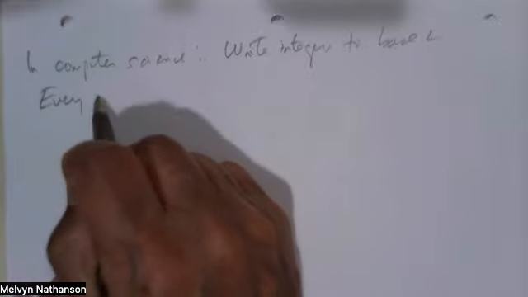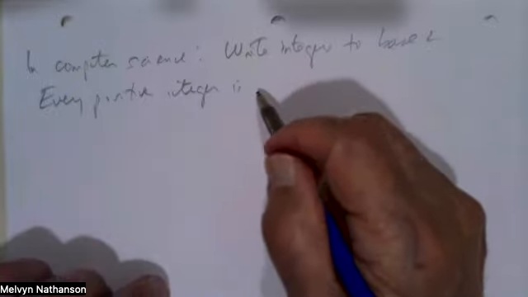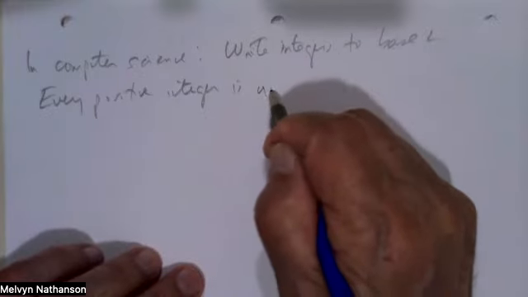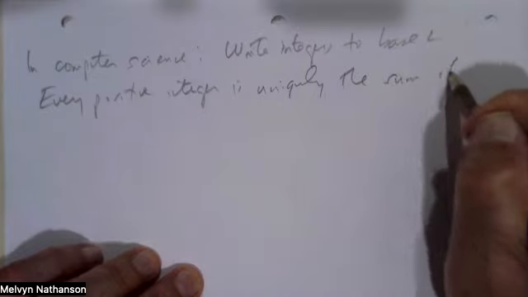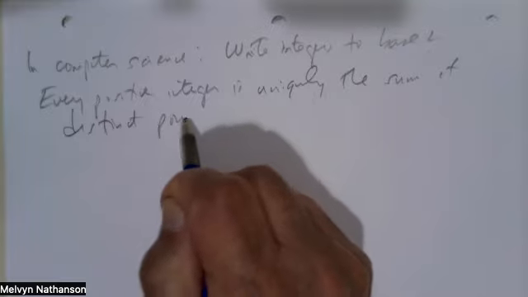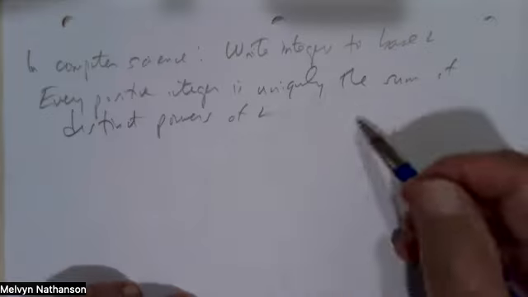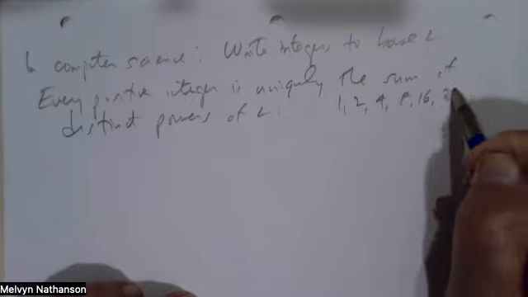What this means is that every positive integer is uniquely the sum of distinct powers of 2. So what are the powers of 2? 1, 2, 4, 8, 16, 32, 64, and so forth.